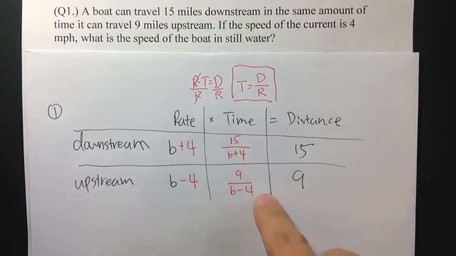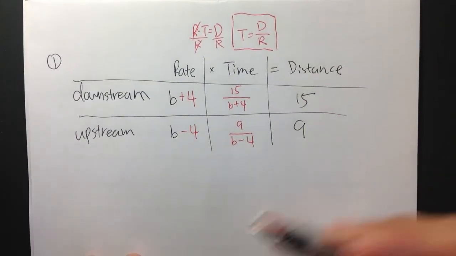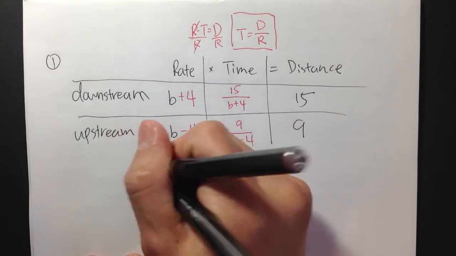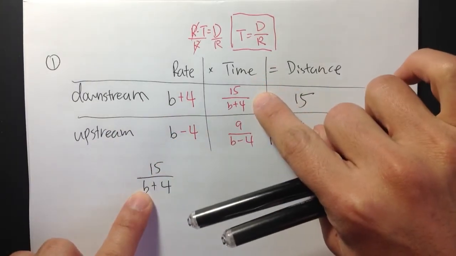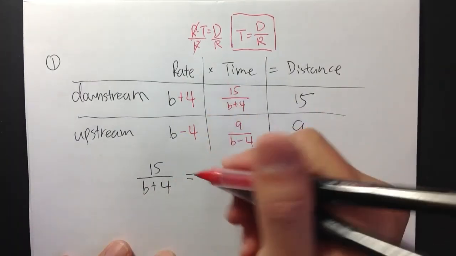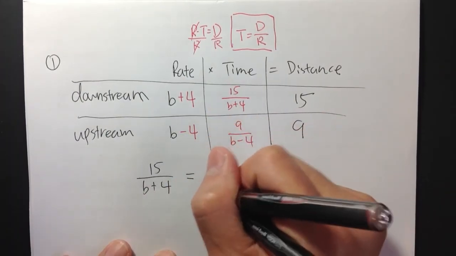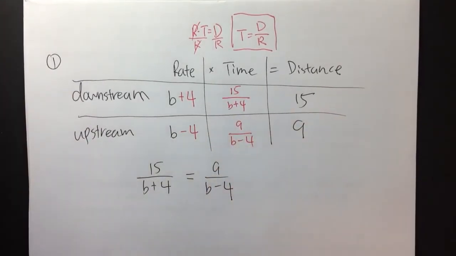They are equal, and that's how we can come up with an equation. So for the first question, the equation that we need to solve is 15 over b plus 4, which is this box, set equal to this box right here, 9 over b minus 4. And ta-da! This is the equation that we need to solve.